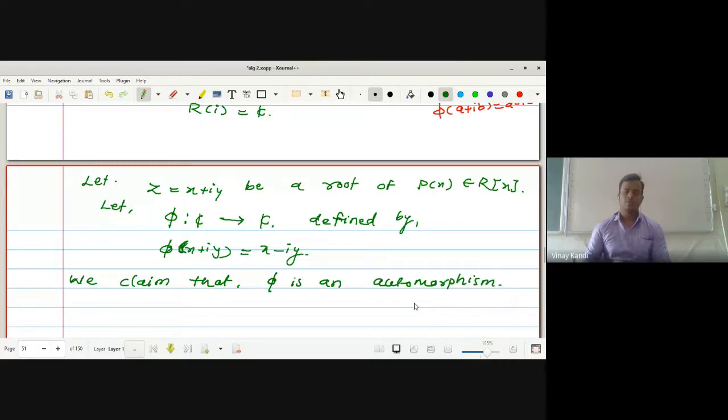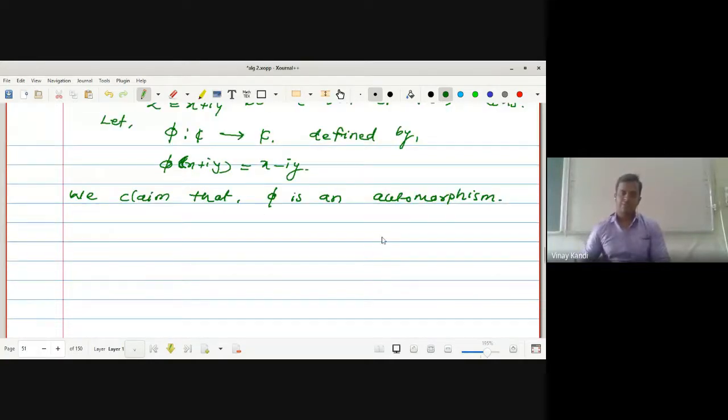सेट ऑफ कॉम्प्लेक्स नंबर वर 2 ऑटोमॉर्फिझम आपल्याला फाइंड आउट करतात. ओके, एक पहिला मॅपिंग काय सांगतो हे नीट लक्षात ठेवा. पुढे जाऊन फील्ड फायनाइट फील्ड मध्ये गॅलॉइड फील्ड मध्ये हे तुम्हाला लागेल. phi of x plus iy is equal to x plus iy म्हणजे आयडेंटिटी मॅपिंग हा सुद्धा तुमचा ऑटोमॉर्फिझम होतोय आणि phi of x plus iy is equal to x minus iy हा पण 1 1 onto आणि isomorphism that is automorphism होतोय.